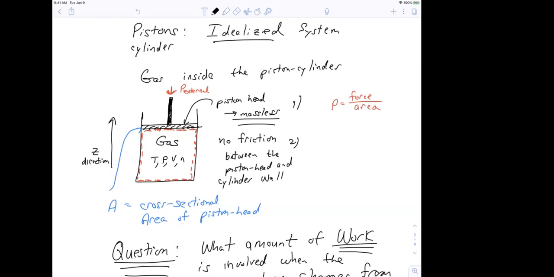And in fact, if the piston head is moving, the two pressures would not be equal, right? Because if you have equilibrium, the pressure in the gas, which is your system, would equal the pressure outside of the gas. If the two pressures are not equal, the piston head is going to be moving.